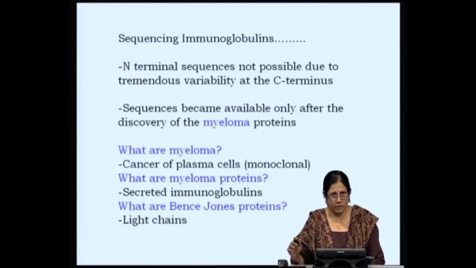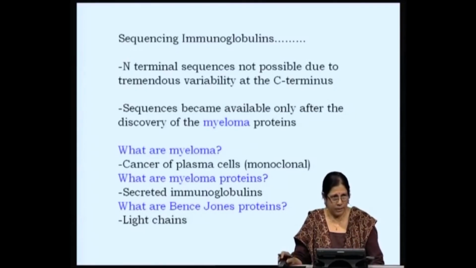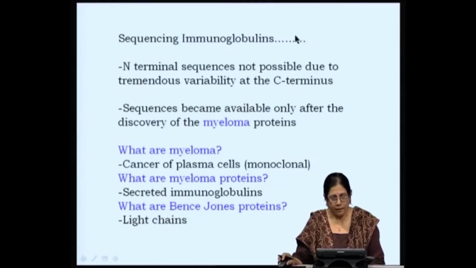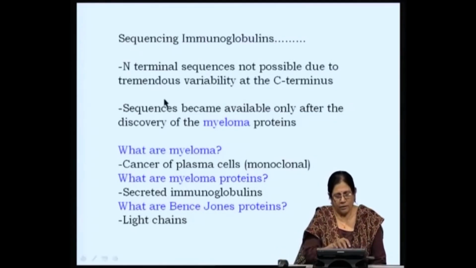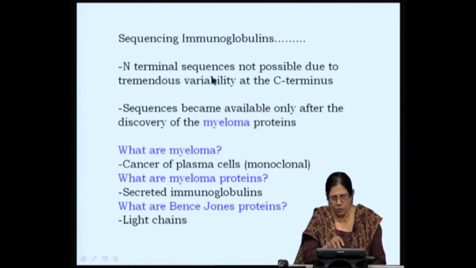By the method of either salting out with ammonium sulphate or by electrophoresis, as I have shown in the first slide. But this was always from the immunoglobulins from serum. Now, they could not come to any conclusion with respect to the sequence.